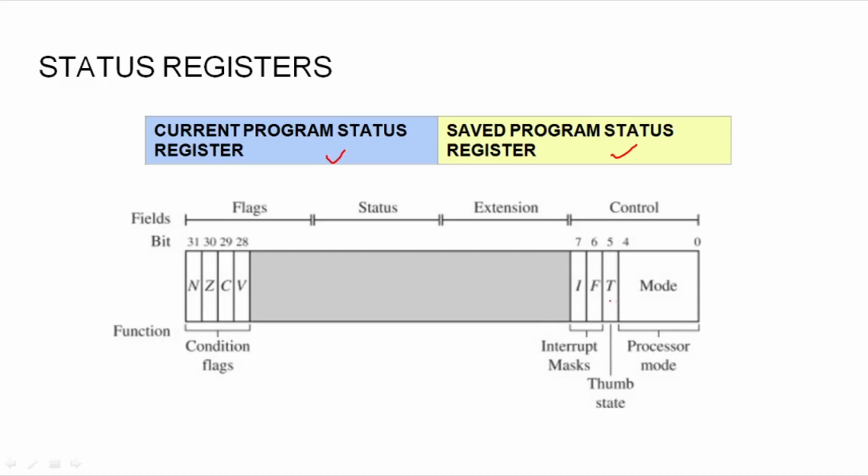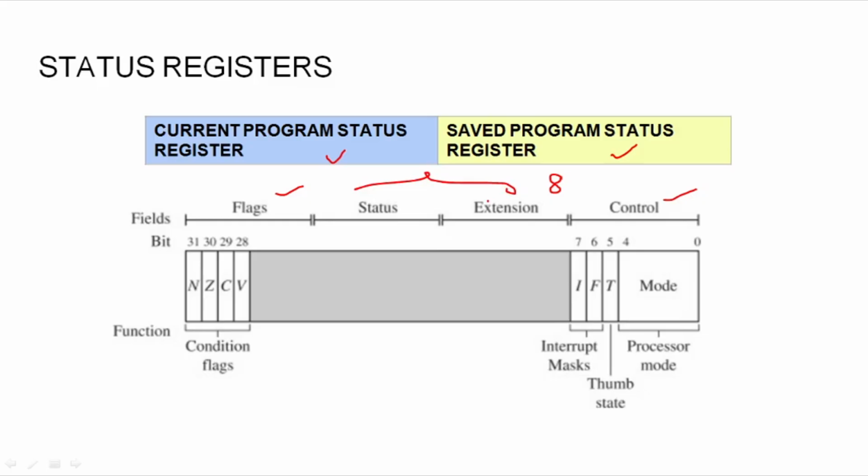It is structured into 4 fields, each 8 bits. First, flags, which hold the condition codes like N, Z, C, V. Then we have control, which has mode bits, state, interrupts, etc. Lastly, we have status and extension, which are reserved for future use.